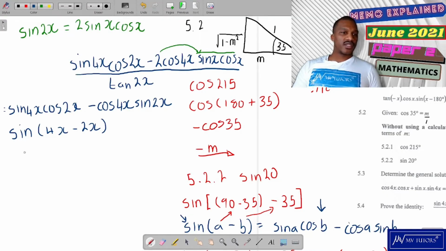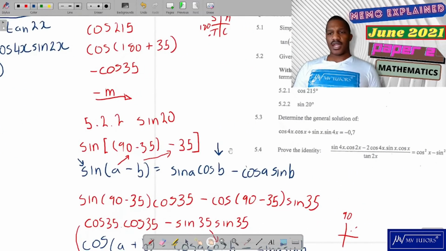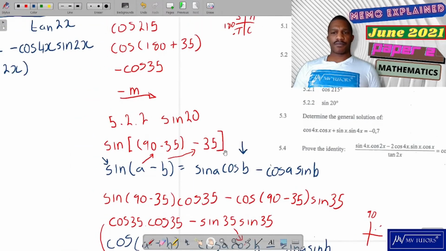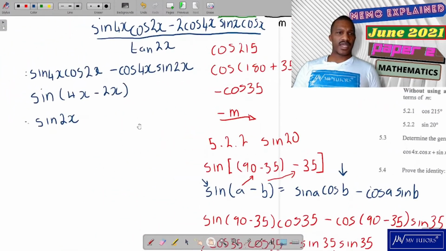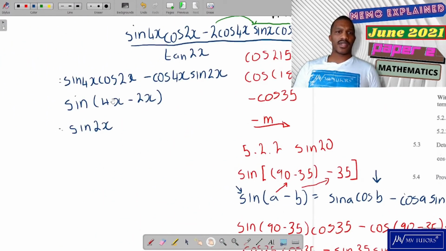So in rewriting that, I'm left with sine of 4x minus 2x, which gives you 2x. Now is this equal to the right hand side? Not really, because we are not done. This was just the top part that we were doing there.